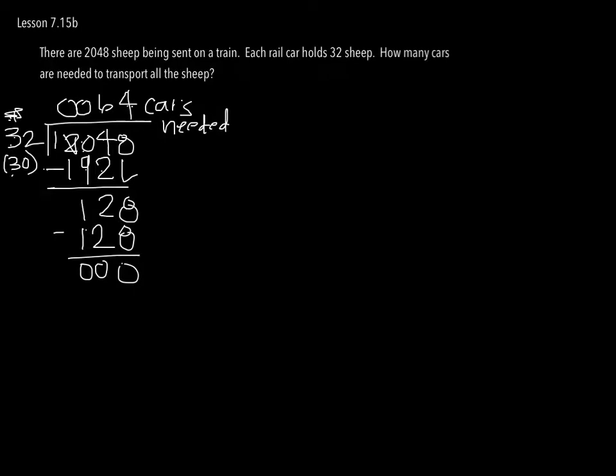Now let's look at it a different way. Let's do partial expanded notation. Well, partial product, I'm multiplying here. Again, we're going to do the same problem, 2048 divided by 32. Now, luckily, boys and girls, we paid attention and we know what our answers are, so now we just have to figure out how to make the problem work.